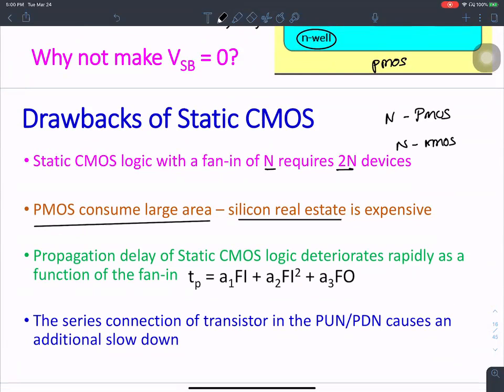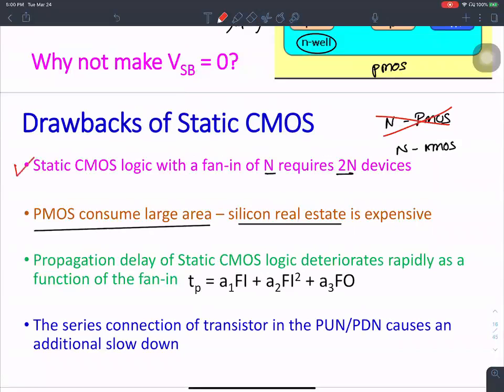So if we can find a way to cut back on the number of PMOS transistors, that will increase the density of logic gates. That's another disadvantage. The first disadvantage is that we need a lot of transistors. The second one is that PMOS transistors consume a lot of area. Also, the propagation delay increases quadratically as a function of the fan-in.